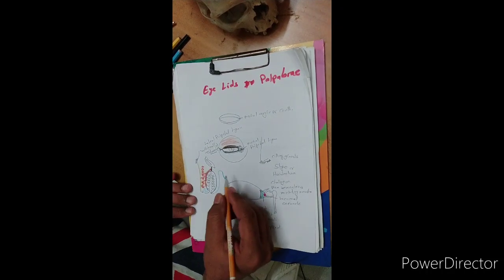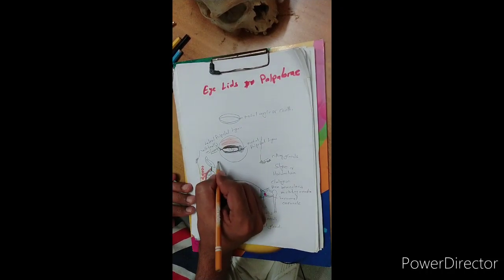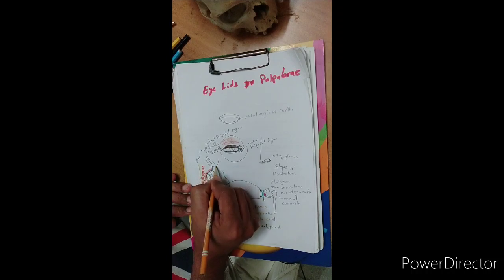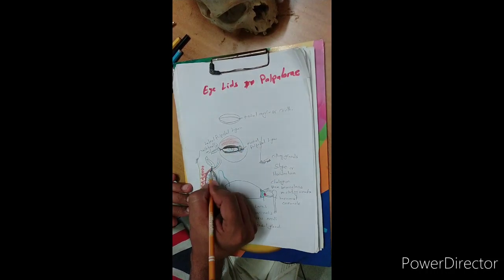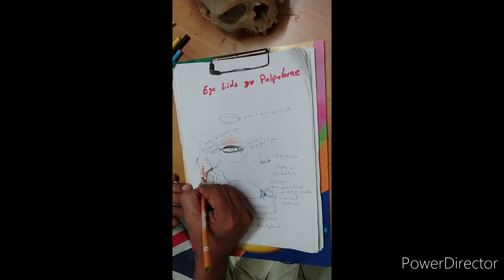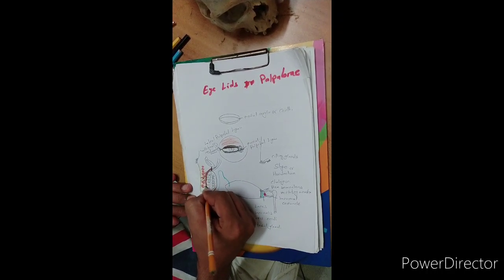So what happens now? Suppose this is the fiber of the levator palpebrae superioris, which comes from the inner side of the orbit, pierces this orbital septum, and the majority of the fibers go towards the upper eyelid. A few fibers also attach on the anterior surface of the upper tarsal plate.